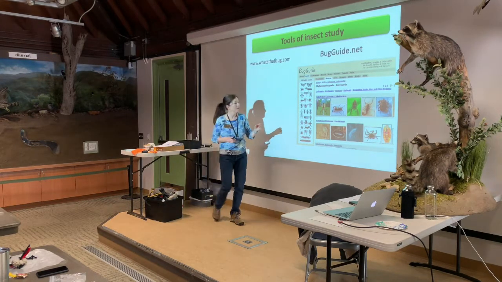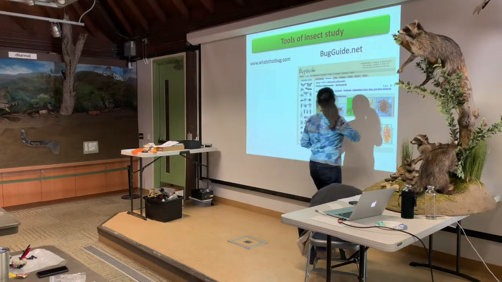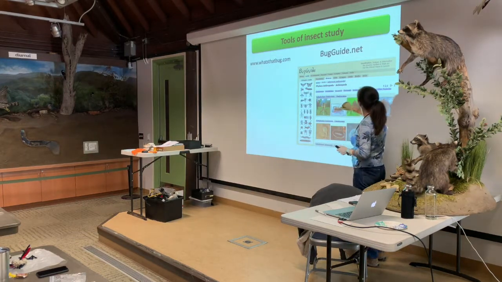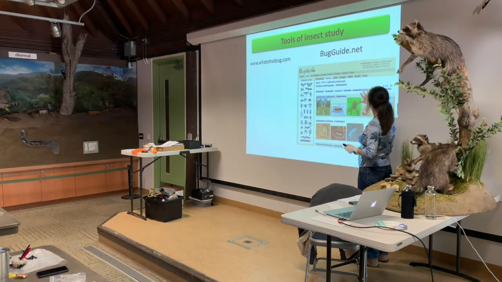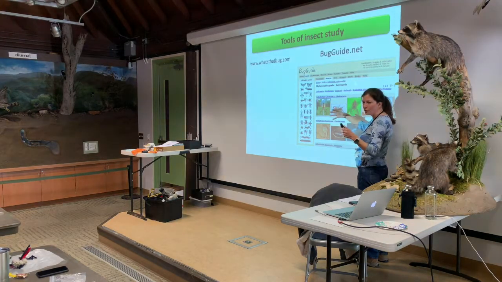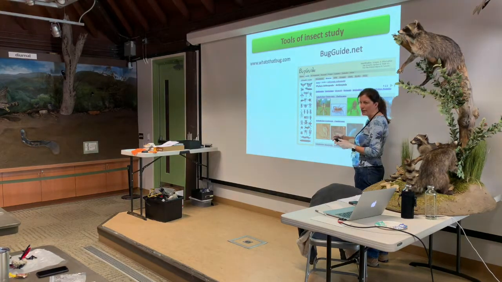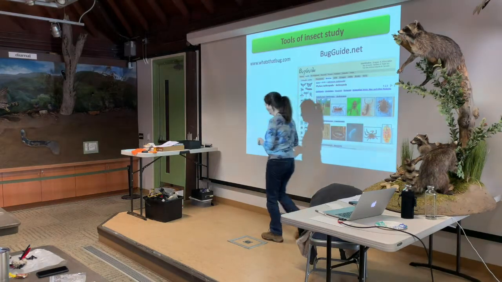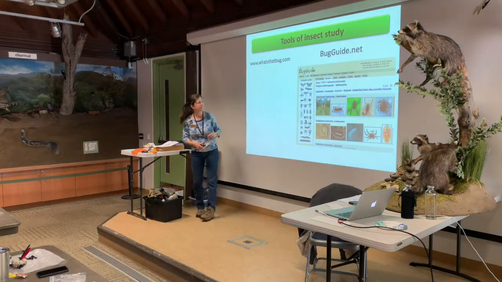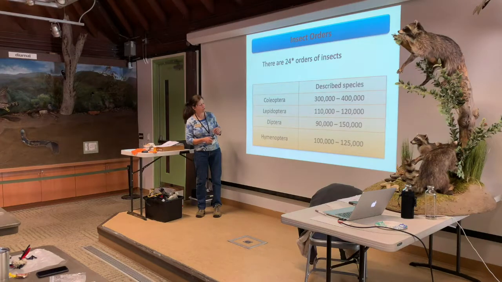You'll see they have crustaceans, and here's your myriapods, and different things, and you'll be able to go into the insect category and click on the order and start narrowing down what it is when you're trying to identify something.